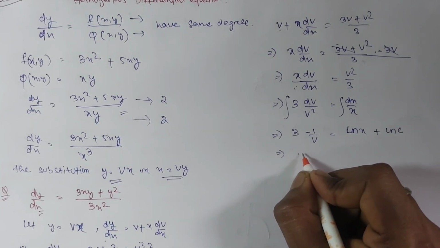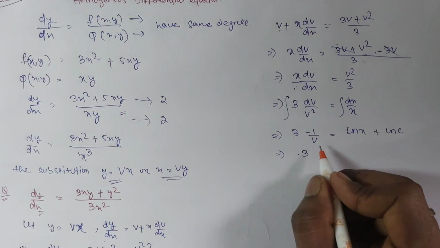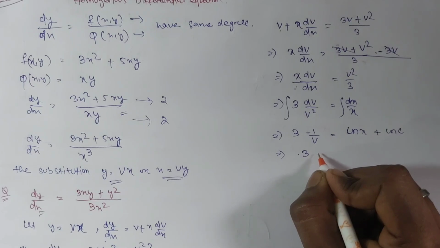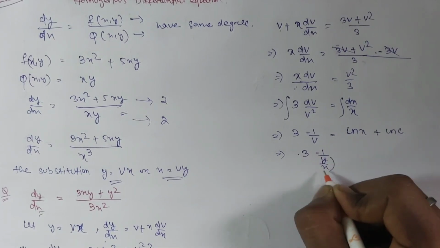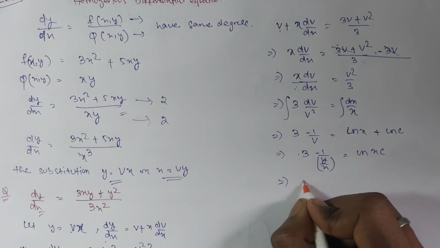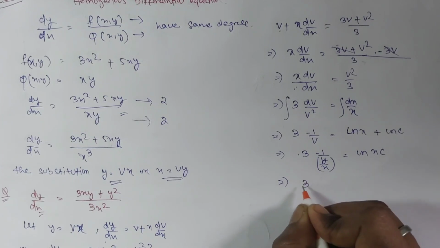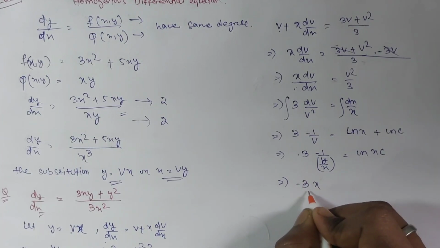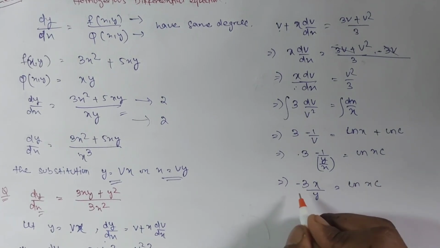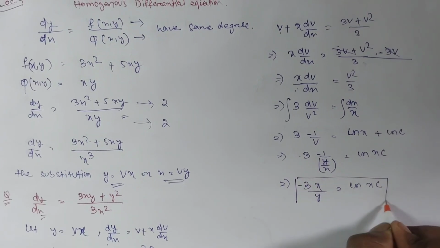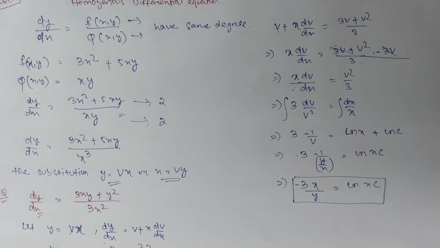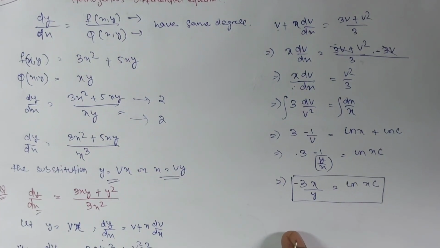Since v equals y by x, we can put it as minus 3 by (y by x) equals ln xc, and it becomes minus 3x by y equals ln xc. This is the solution of the homogeneous differential equation. That's how we can do this.